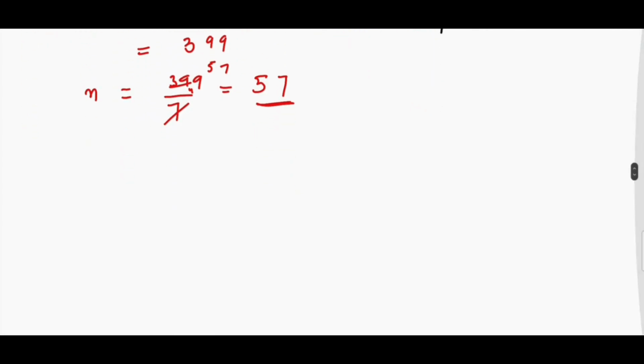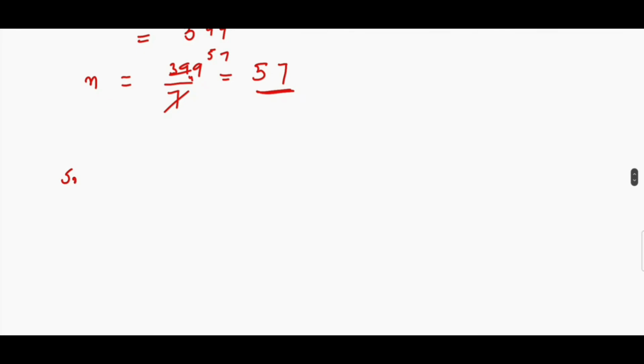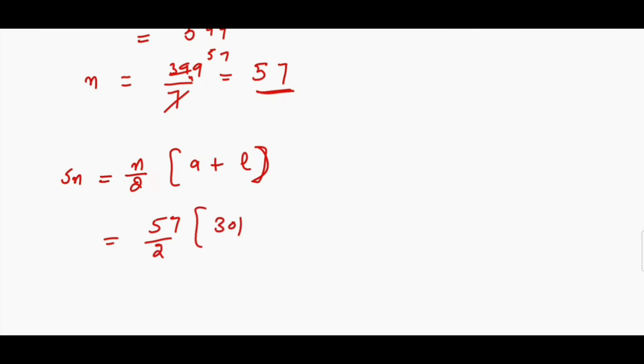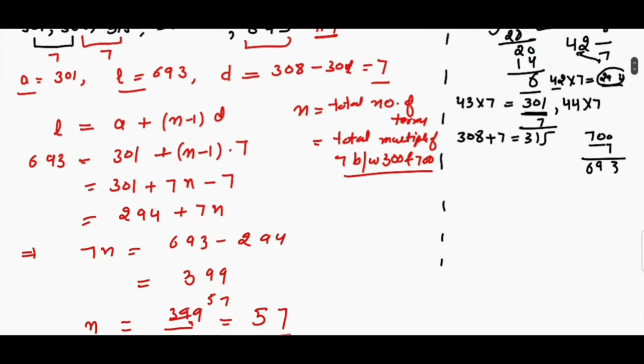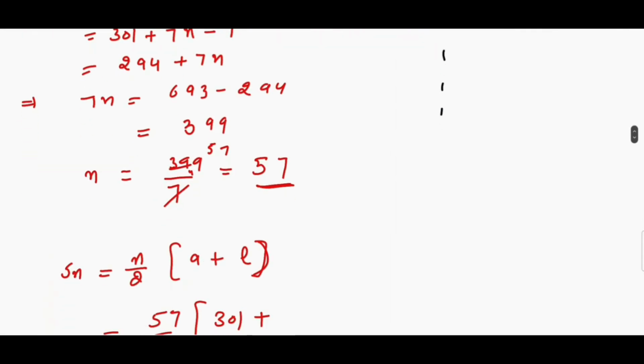So the next step here, we have to find the sum of all these numbers. For that, we'll use this formula: Sn, the sum of all numbers, is equal to n by 2 into a plus l. Here n is 57 divided by 2, a is equal to 301 and l is equal to 693.